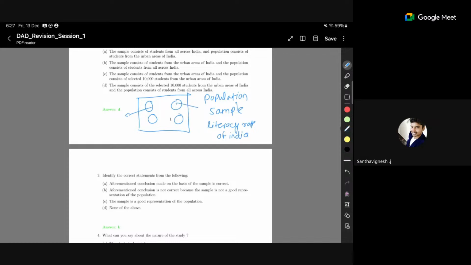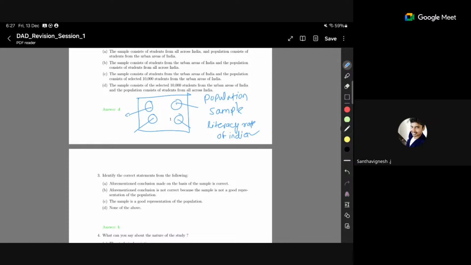They give some information about their education, and based on that you can decide the literacy rate of India. The whole country was the population, but I can't study all of it, so I use small samples collected from different parts of the country.